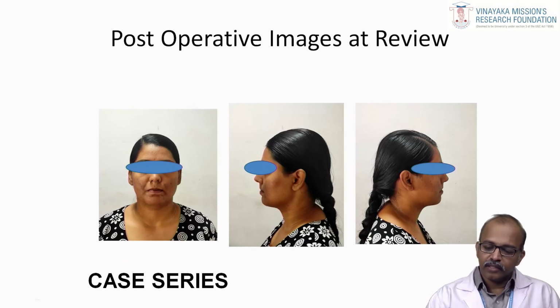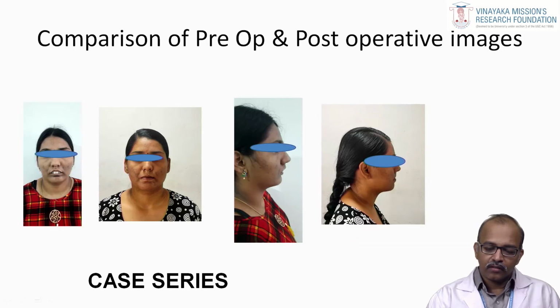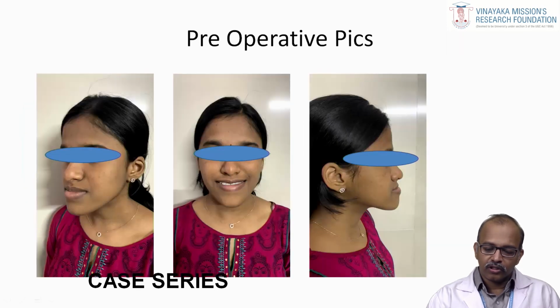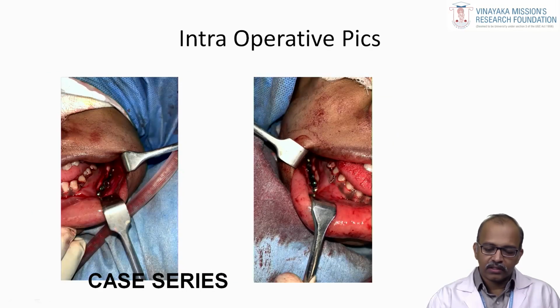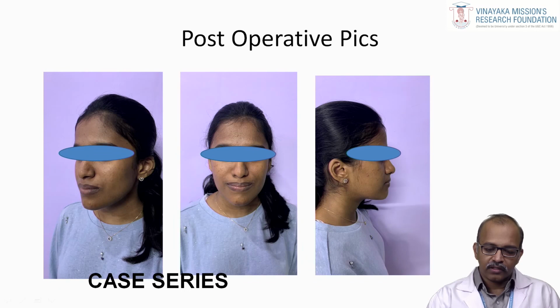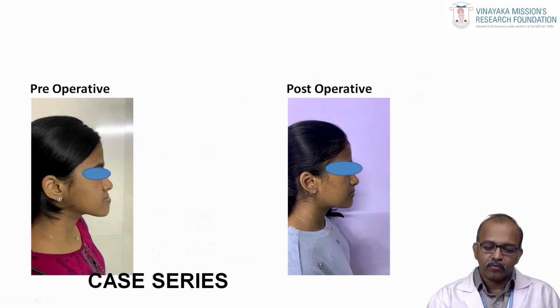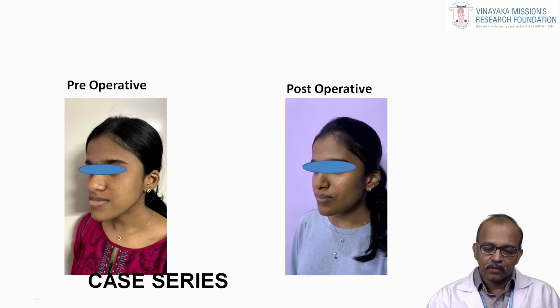This is a post-op picture. Mandible advancement was done along with lip repositioning. A similar case of lower jaw excess. This is a pre-op and post-op picture of the patient.